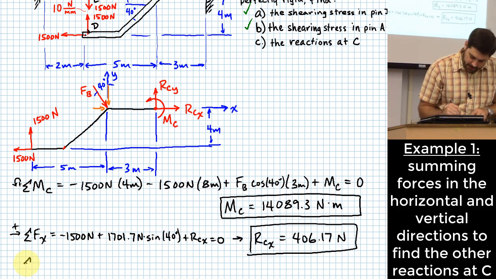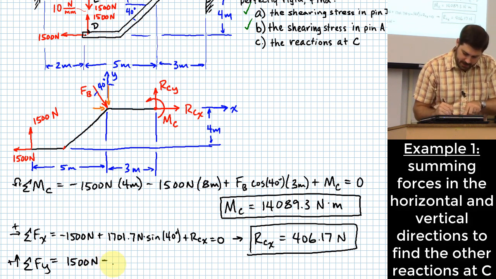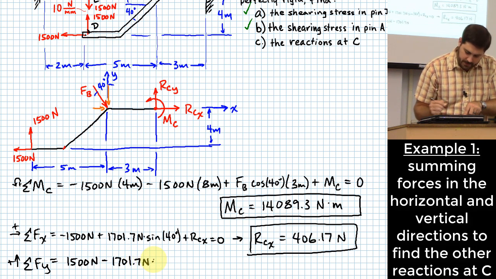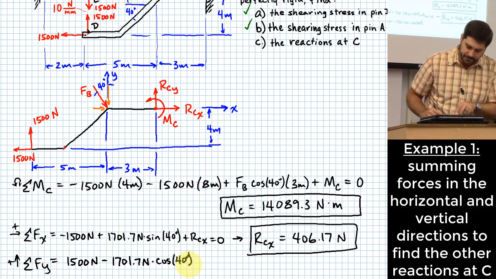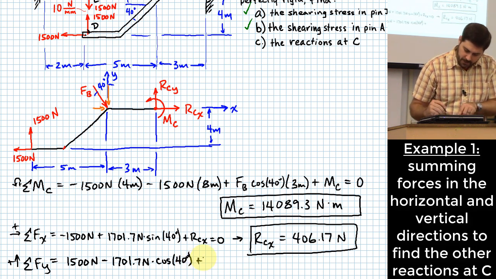And then we get to our last one here, sum of forces in the y. And there we've got 1,500 newtons minus 1701.7 newtons times the cosine of 40 degrees, plus RCY.